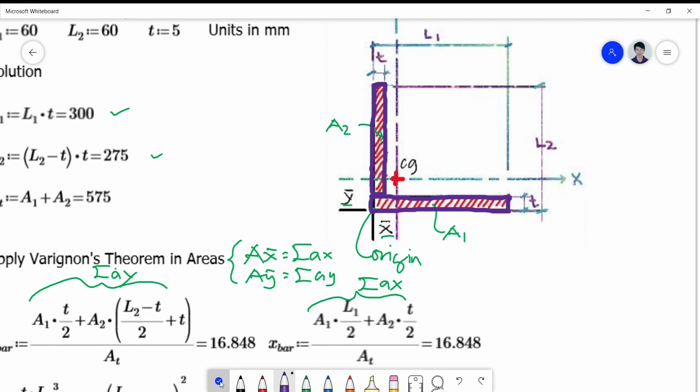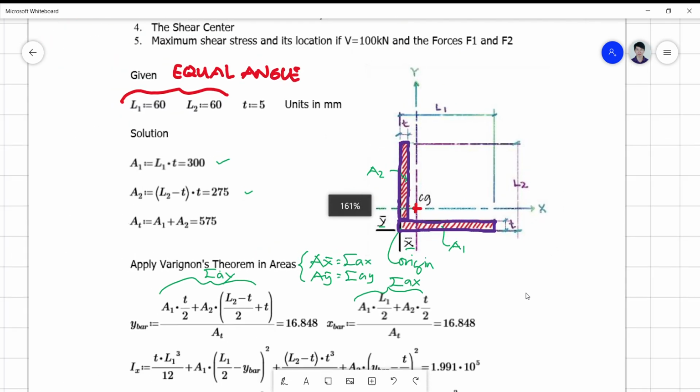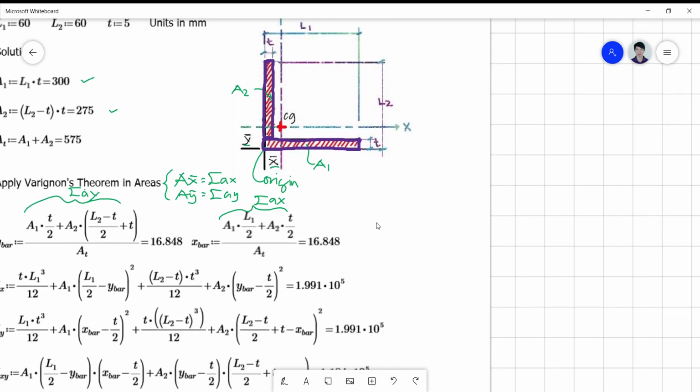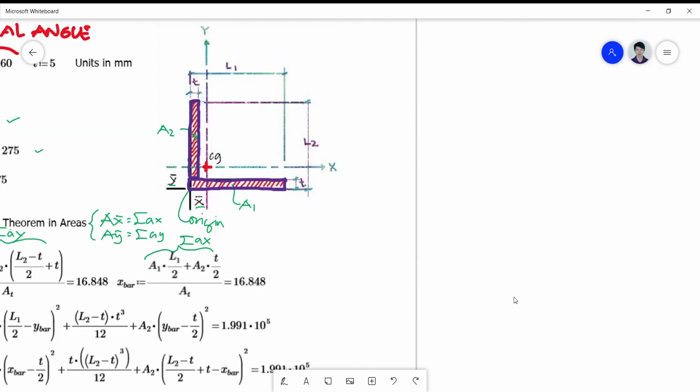Now for the individual centroids, we have to redraw, of course, in order for you to be able to distinguish the centroid.